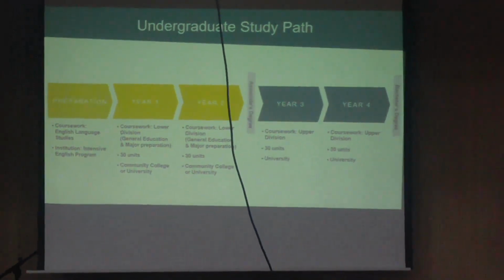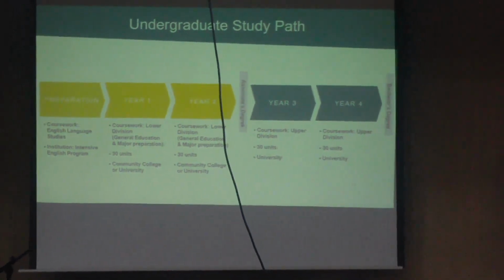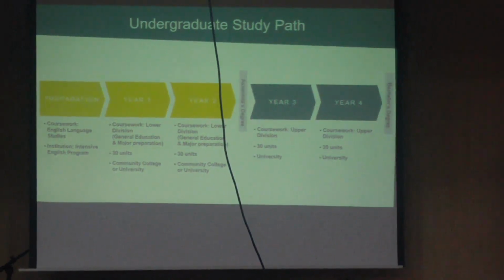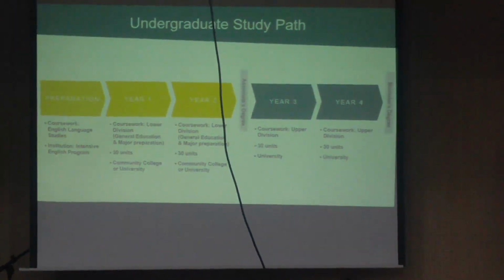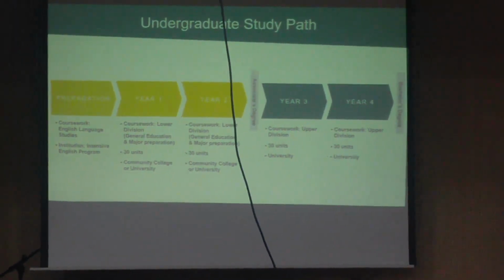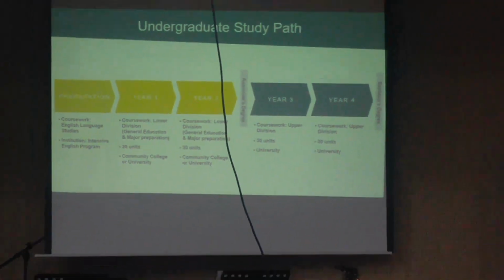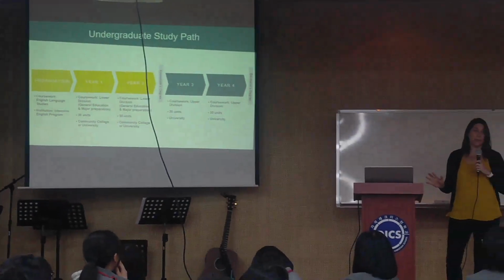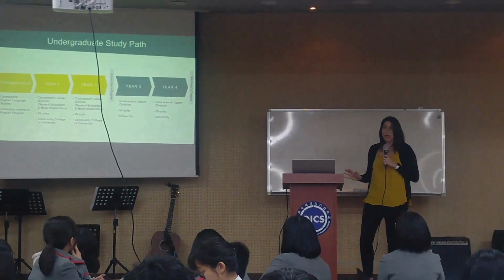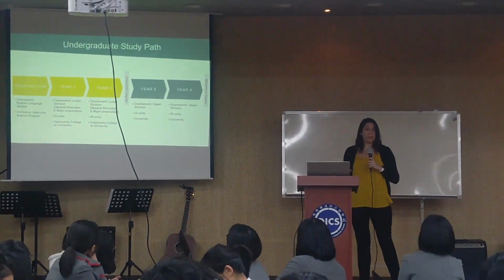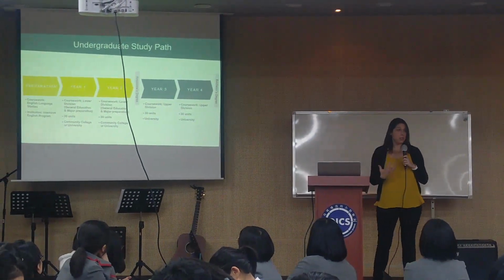Year 1 and year 2 in the US is what we call general education. During these first 2 years, you'll be studying all kinds of different classes. You will choose a major, so your major may be engineering.